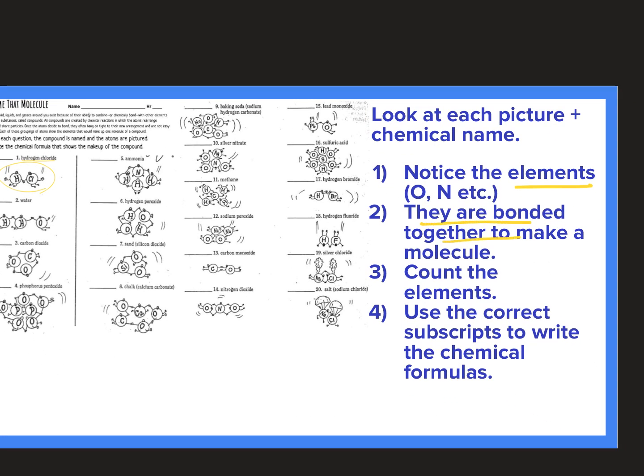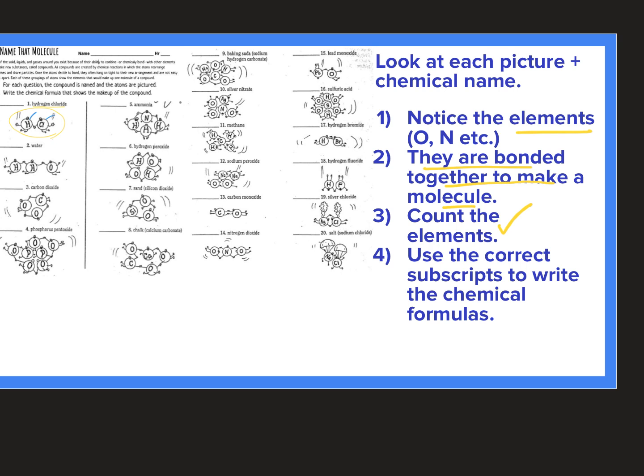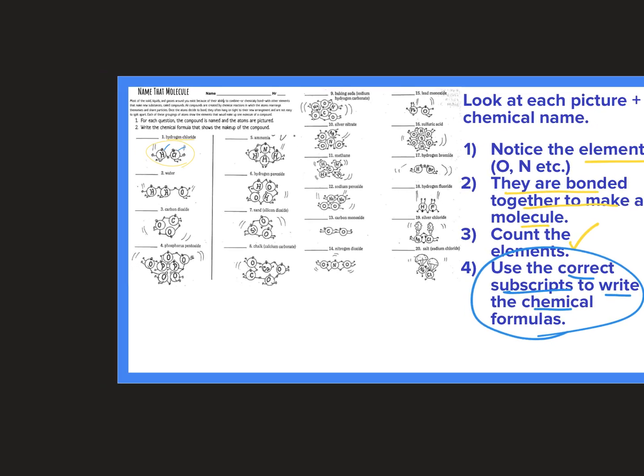These are bonded together to make a molecule. Count the elements. Okay? So I got 2 of them, and the atoms involved are also 2. So I have 1 H, and I have 1 Cl. 1 hydrogen, 1 chlorine. Then write the chemical formula and use the correct subscripts.